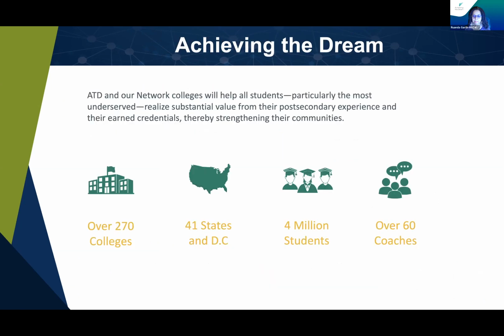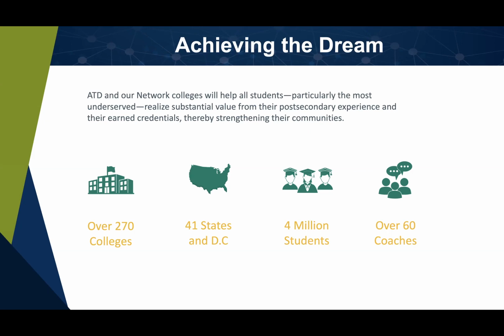All right, thank you, Ruanda. And just a note about Achieving the Dream. We're a network of community colleges across the country. We have now over 270 colleges in our network. And really the focus is to work with colleges to help students, particularly underserved students, realize substantial value from their post-secondary experience and their earned credentials, strengthening their communities.